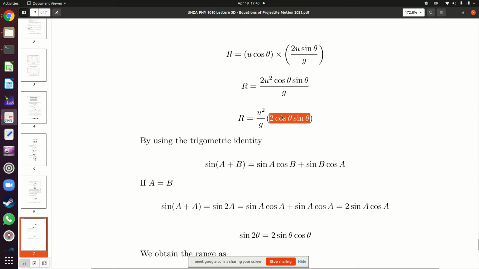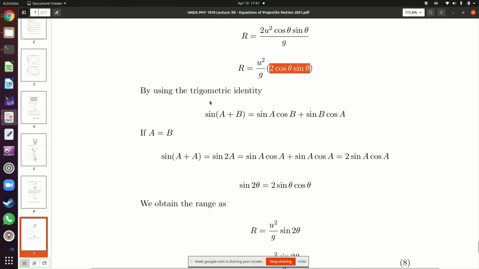Now we are seeking an expression which is much simpler than this. And what we are going to do is turn to trigonometric identities, especially this one, which is a compound trigonometric identity. We say sin(a plus b) is equal to sin a cos b plus sin b cos a.